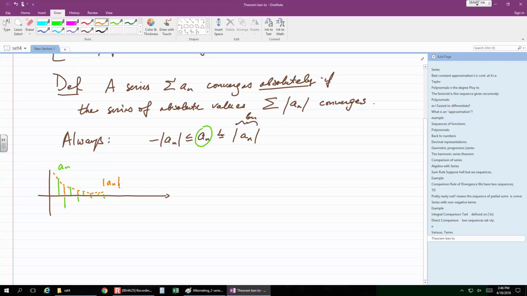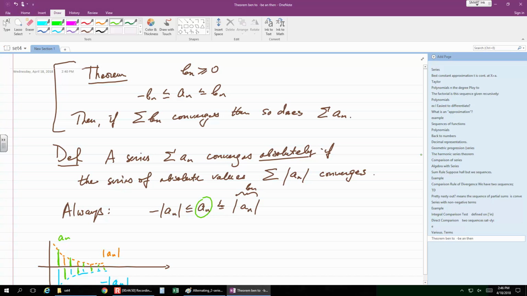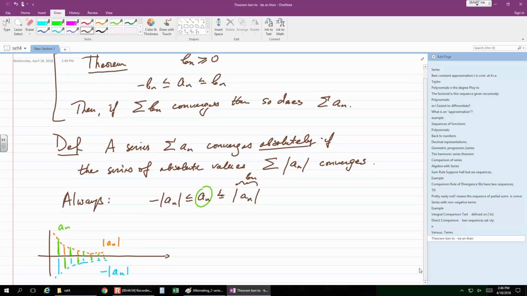On the other hand, I can turn positive ones down like this, and then this is the negative absolute value a_n. So my a_n, as you can see, the green ones are squeezed between the two. And then the idea is that we have that squeeze, and the theorem at the top gives me my conclusion, which is what I wanted to say anyway.